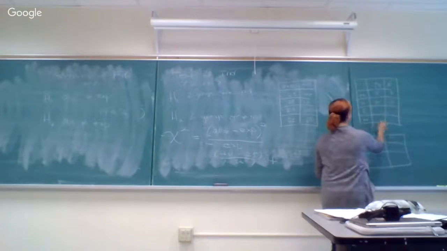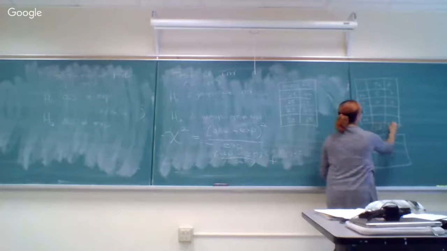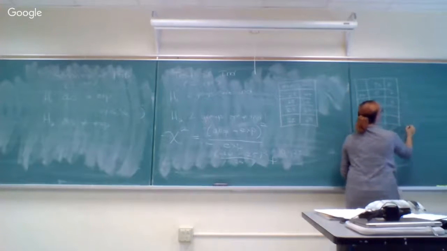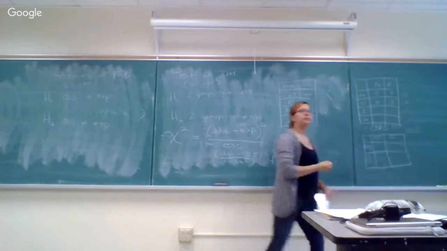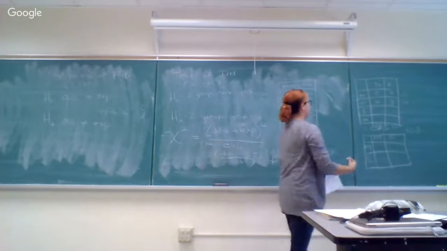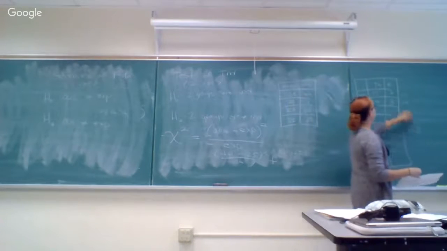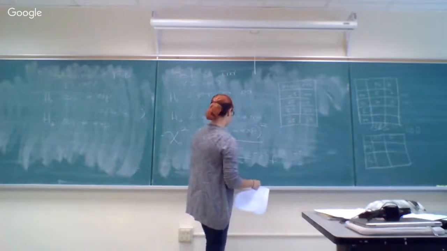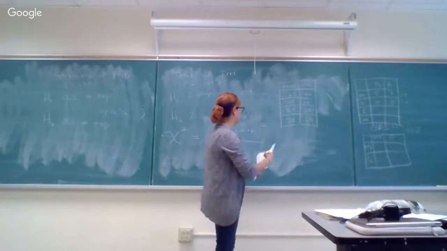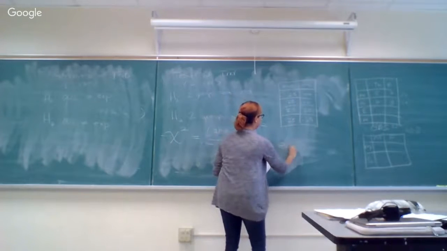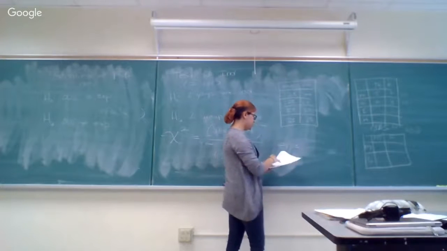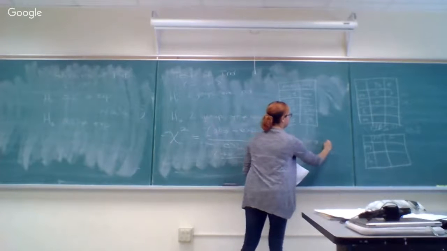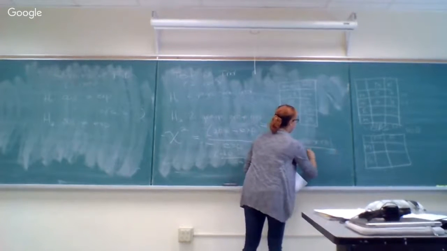Let's say this is 50 and 50, and this is 25, 25, and then we have 100 altogether. Once you know what these numbers are, you can use a formula. To get the expected values, you do row total times column total divided by the entire total.